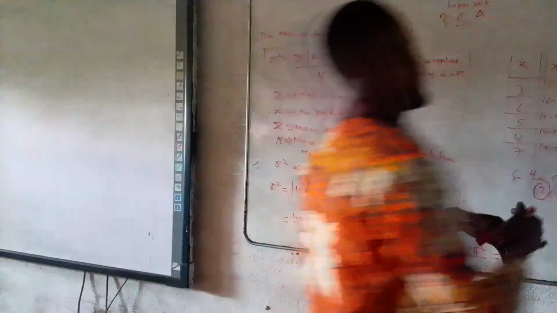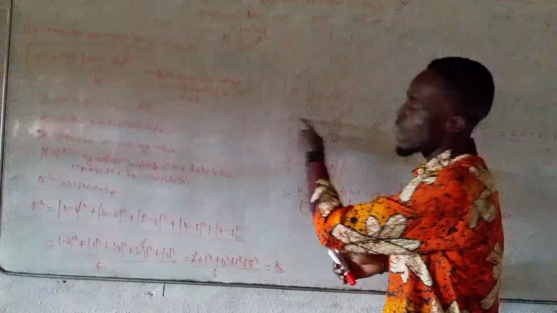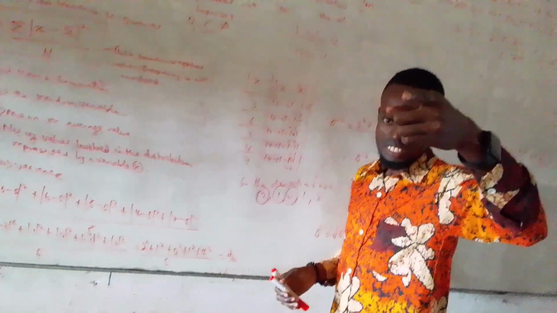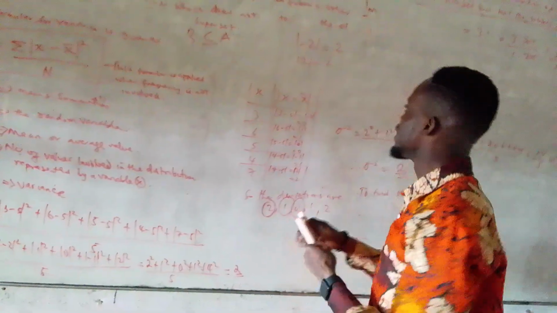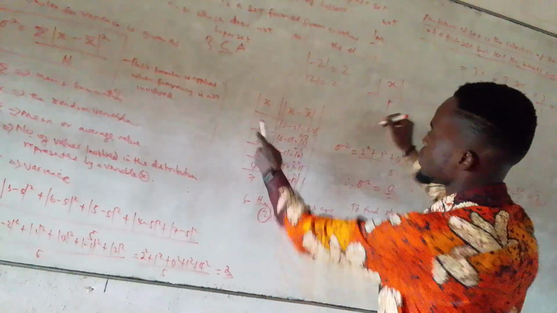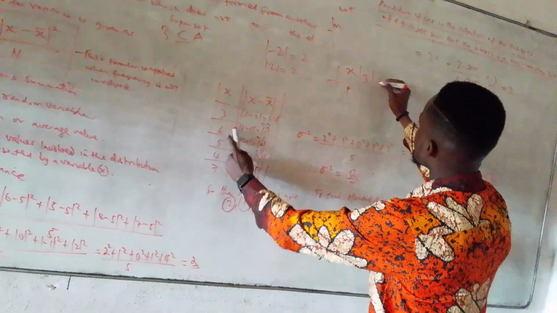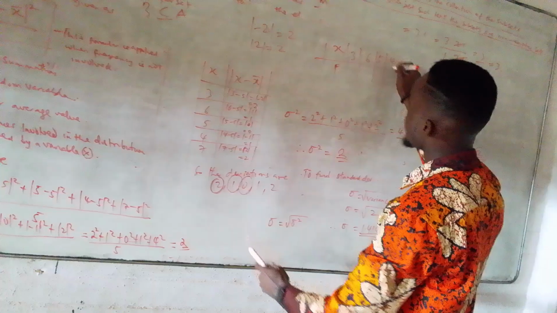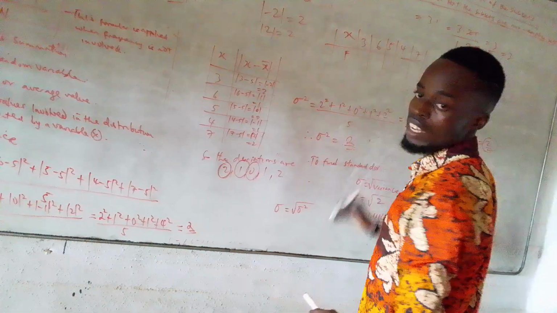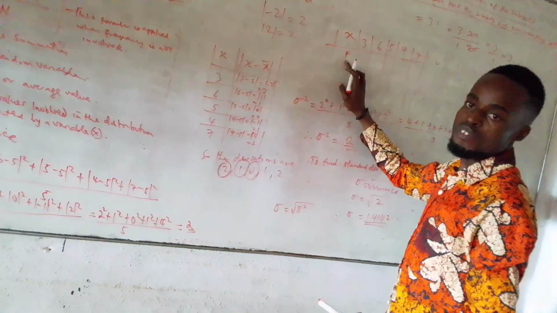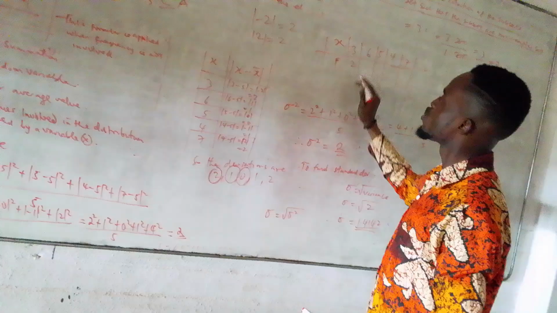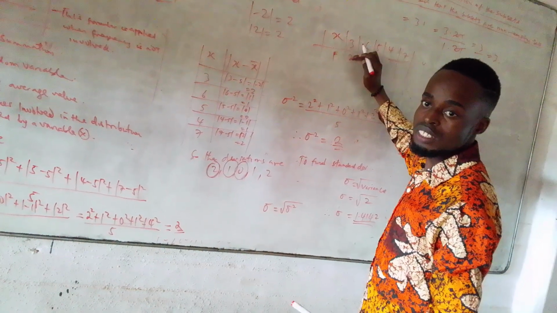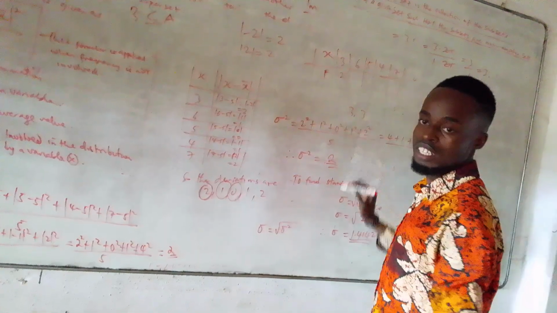Because you might be in a situation whereby 3 will occur more than once. Let's say for instance the values are 3, 6, 5, 4, 7, and down here we have f, which means frequency. Let's say f is 2. That means that 3 occurs twice in the distribution, which is 3, 3.